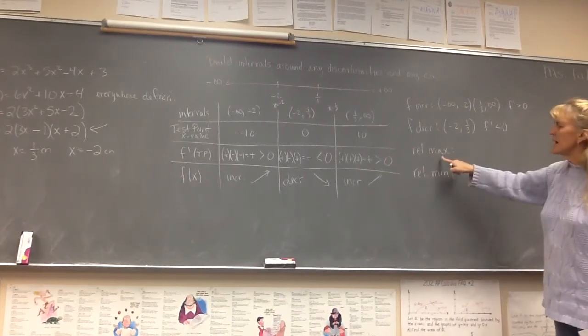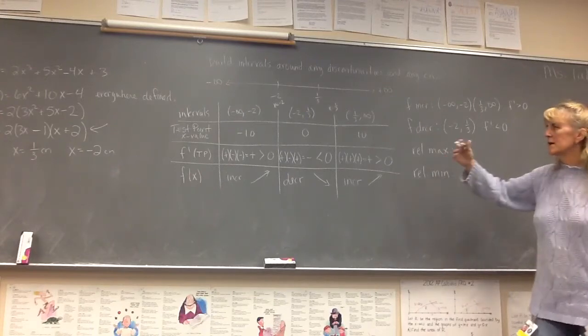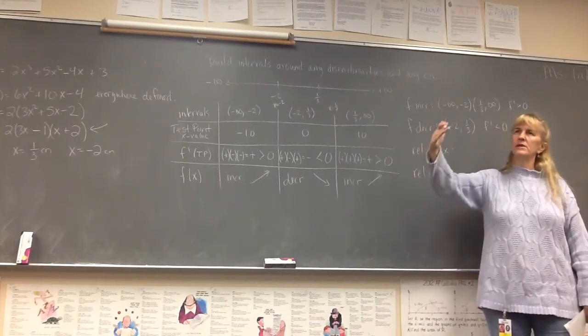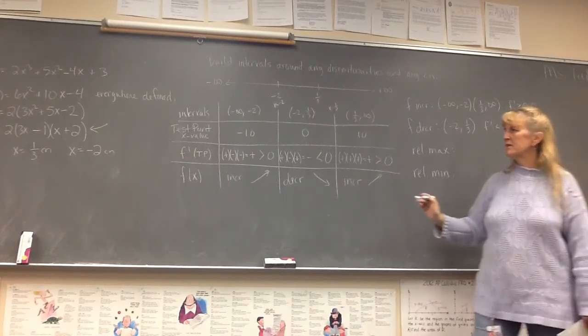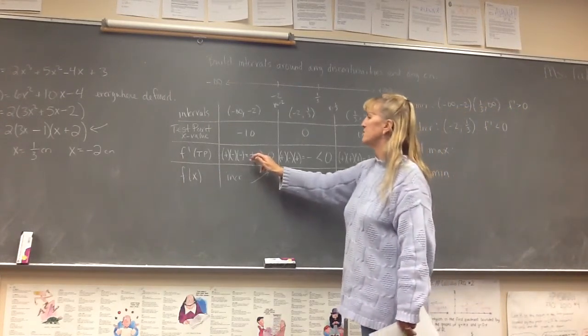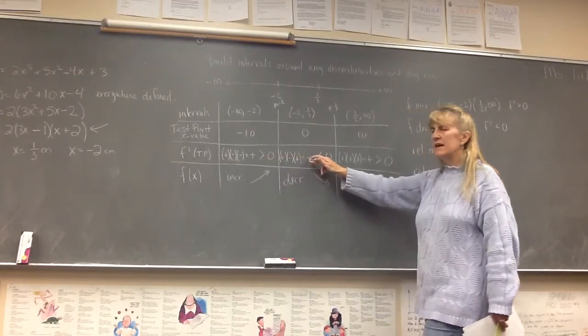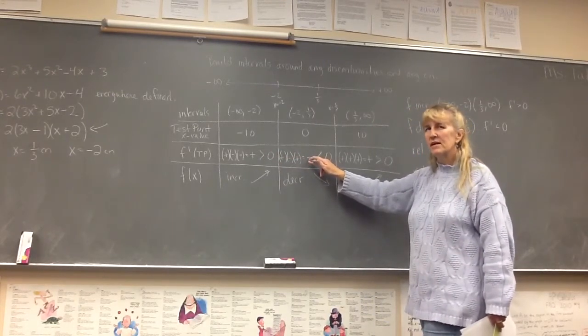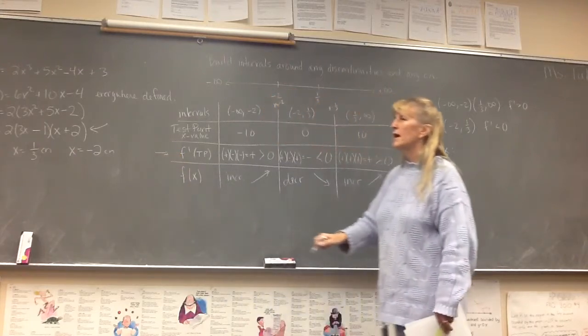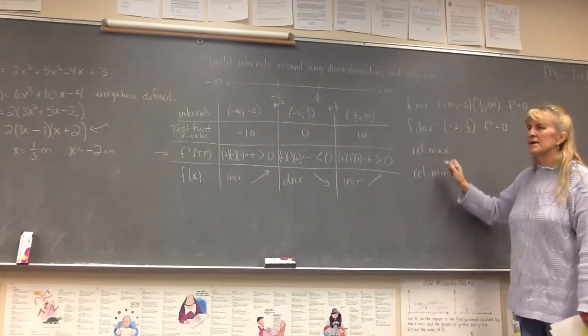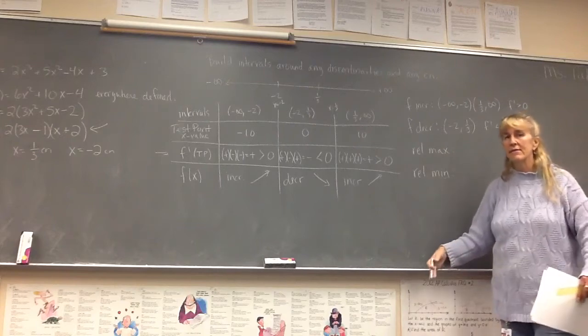What do we have? A relative max is going to occur when the function switches from increasing to decreasing, or when the first derivative changes from positive to negative. That's what our first derivative test says. We can use the first derivative to decide whether or not we have any relative max, relative min, or neither.